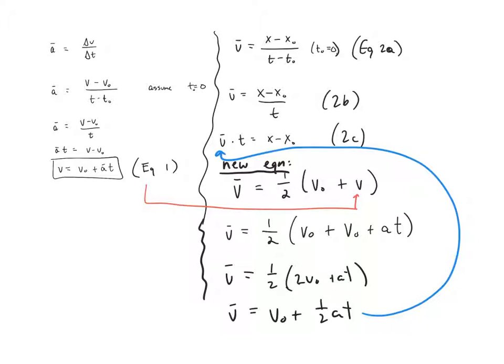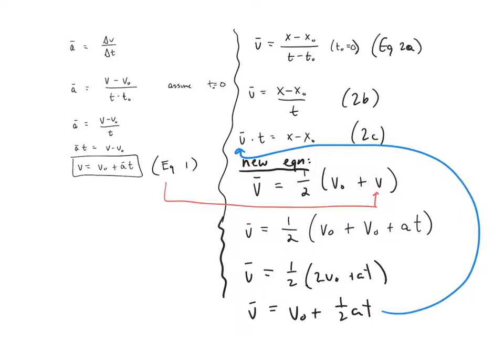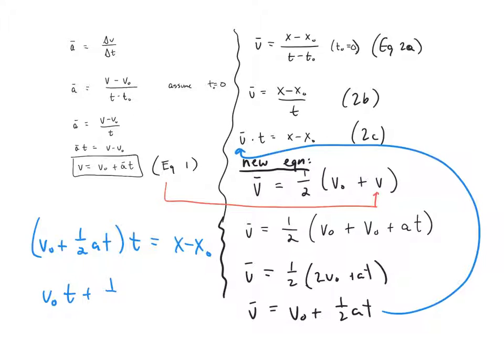We're using that in our average velocity equation, which yields this, and then placed back into equation 2c. And what will that yield? That will yield the following: v0 plus 1/2 at times t equals x minus x0. And now if we distribute, we see the equation develop that we're used to.